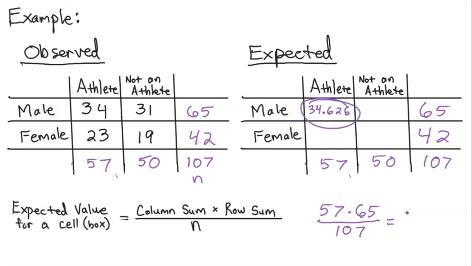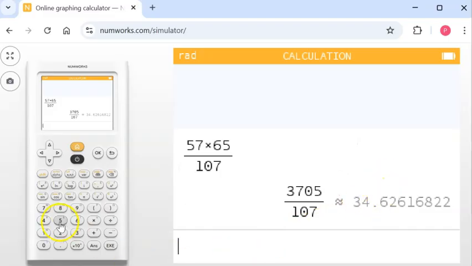Now here's the cool thing. Because we already have one of the counts, I know that this box plus this box has to equal 57. So what I could do is just do 57 minus 34.626, and I can put a few more decimals on it here if I want to, 168 maybe.